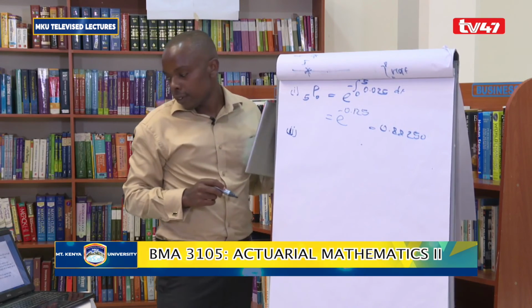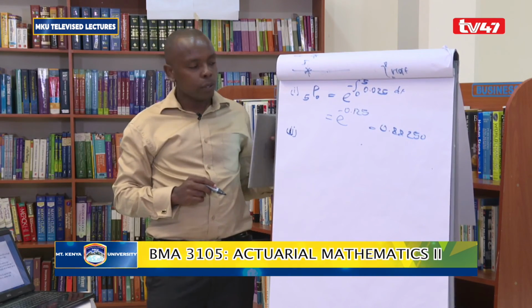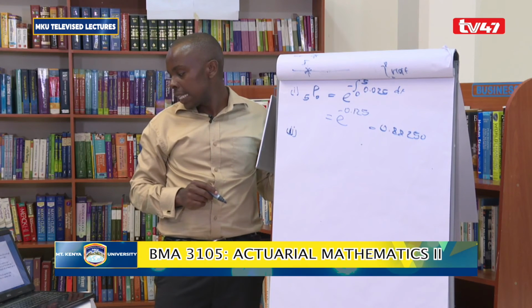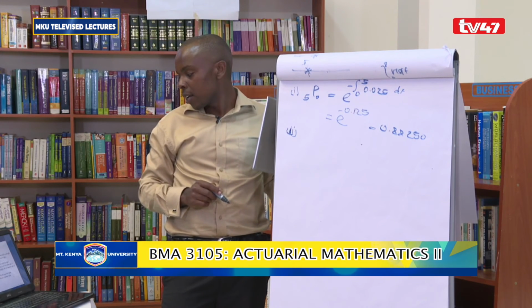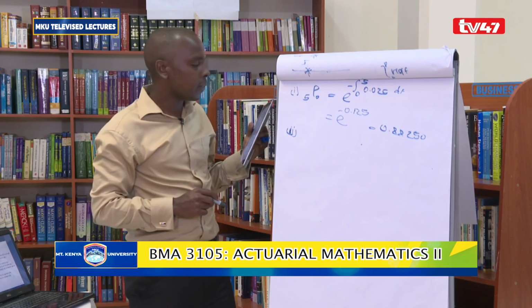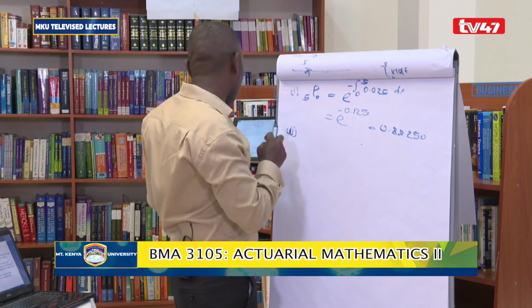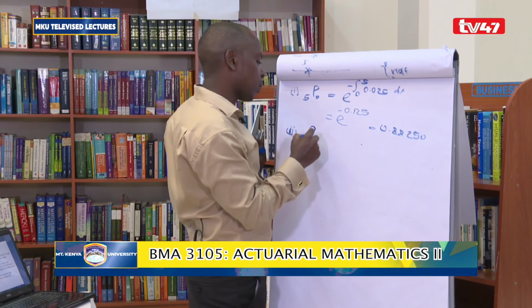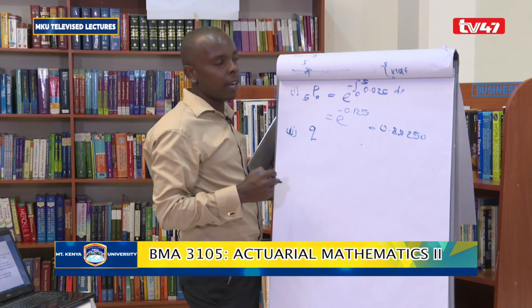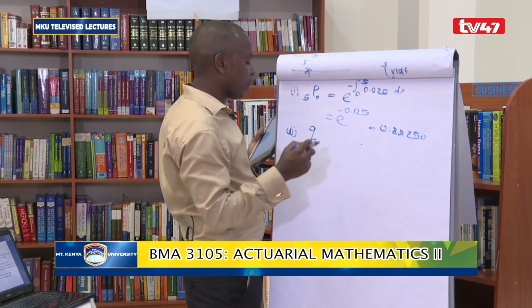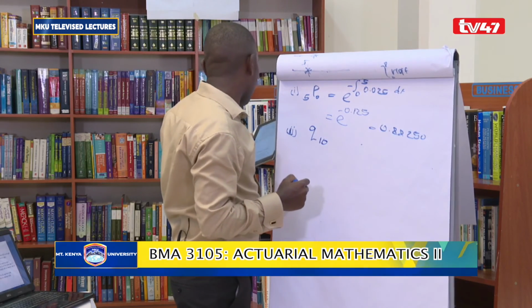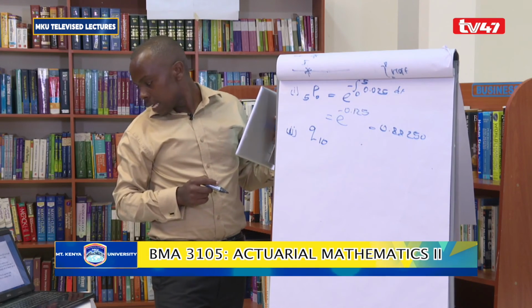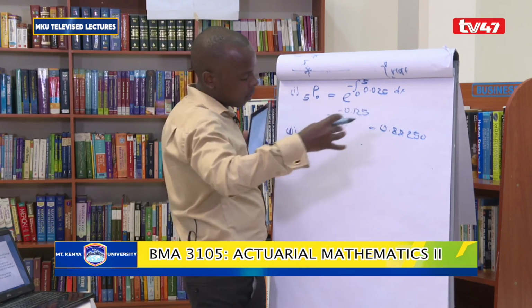Then we have Roman 2. So we want to find the probability that a life aged exactly 10 will die before age 12, and we can write that using actuarial notation. Probability of death, automatically you should know that you will have a Q. So this life is aged 10 and will die before age 12, in the next 2 years.